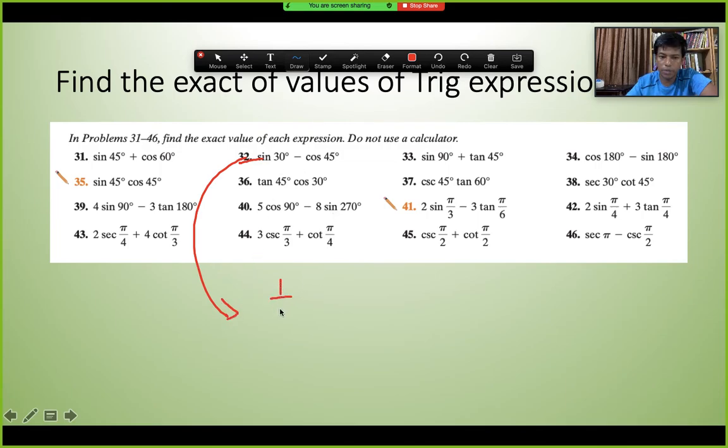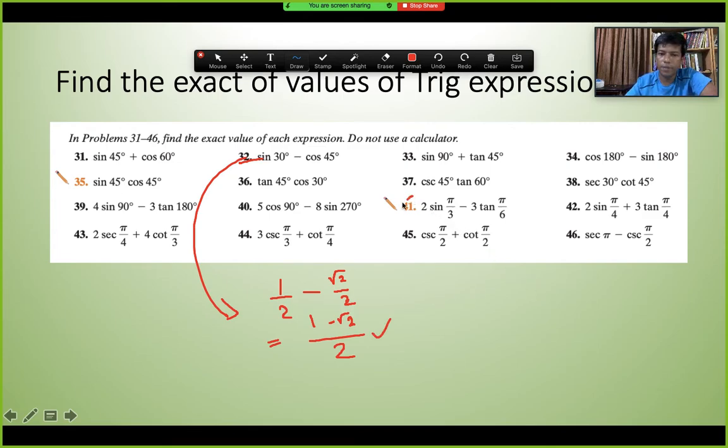Sine 30 degree value is 1 divided by 2, minus cosine 45 degrees, which means 1 by root 2 or root 2 by 2. If we take the LCM, 2 is the LCM, so it becomes 1 minus root 2 over 2. This should be our final answer.